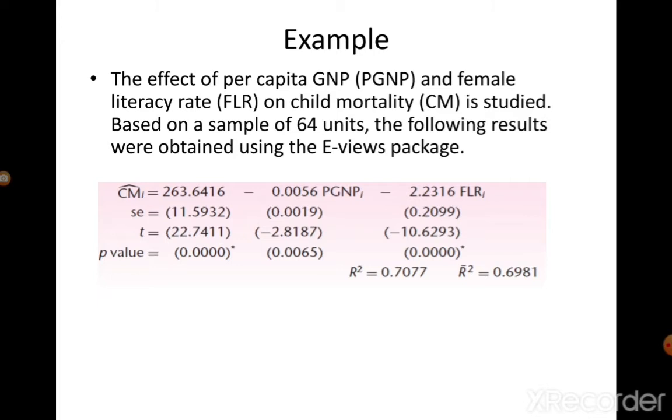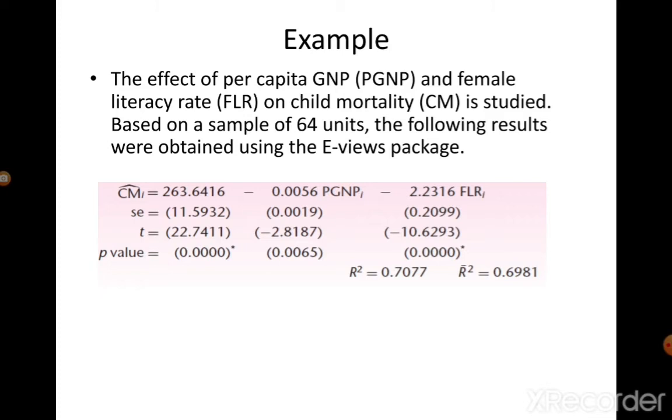So as soon as you read this sentence, you should be able to recognize that the y variable is child mortality, and there are 2 x variables or independent variables, which are per capita GNP, denoted as PGNP in this model, and the second is FLR, or female literacy rate.